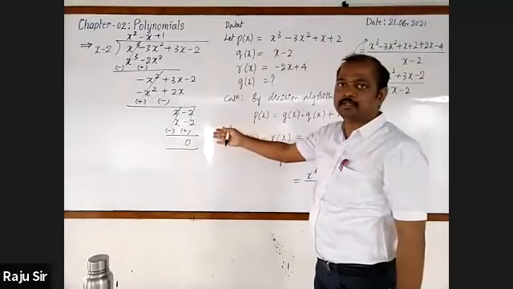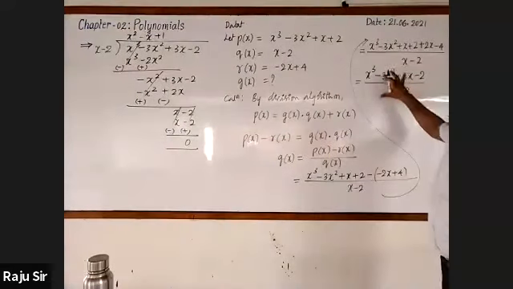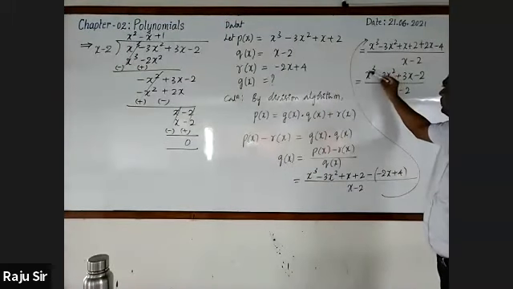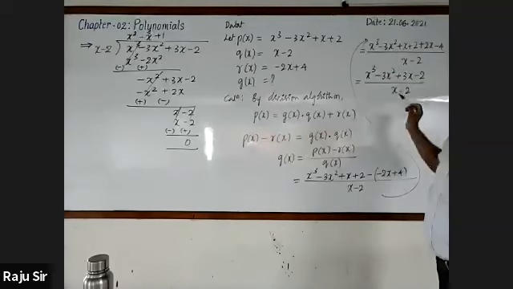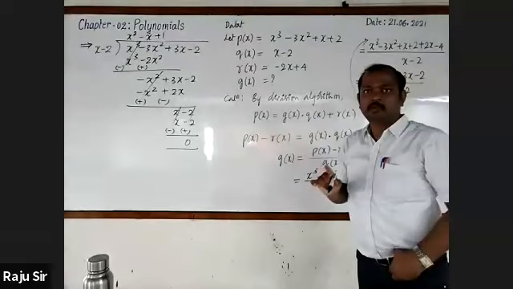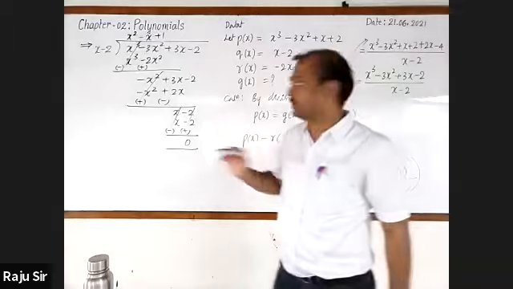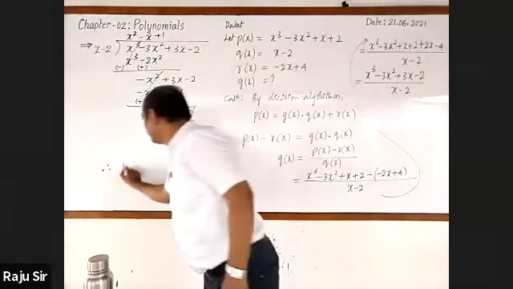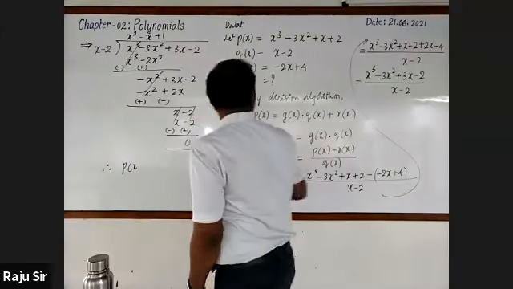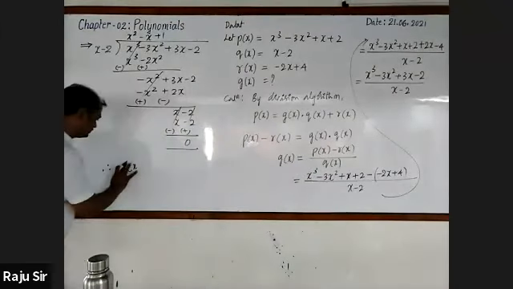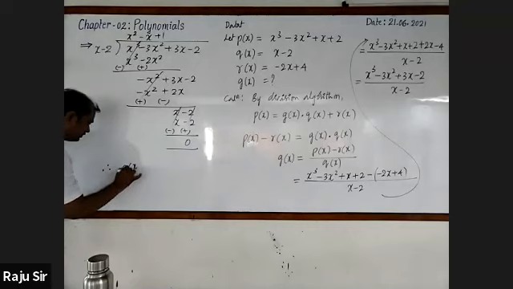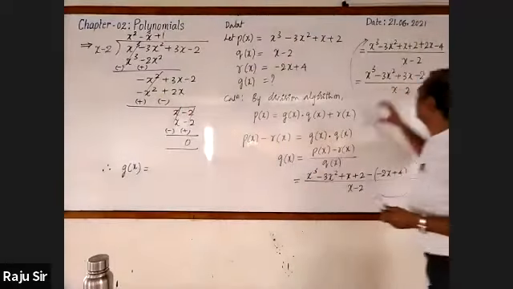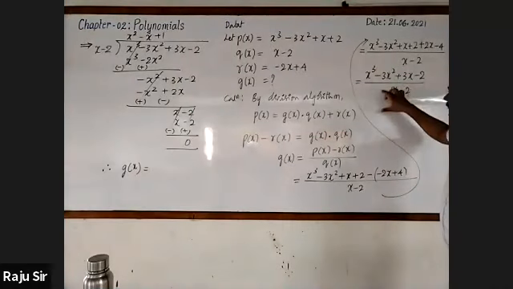As the remainder is 0, we can write the quotient, which is obtained by dividing this by this. Clear? Therefore, the conclusion: p of x divided by g of x, numerator by denominator.